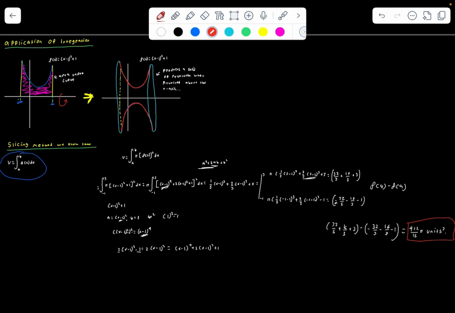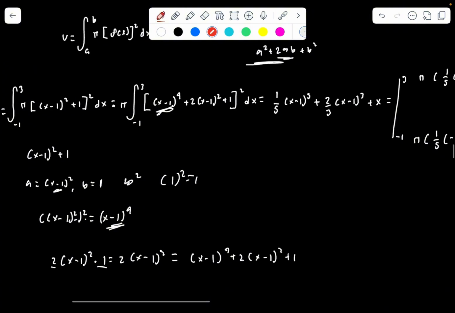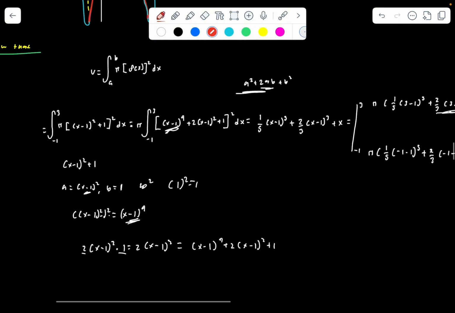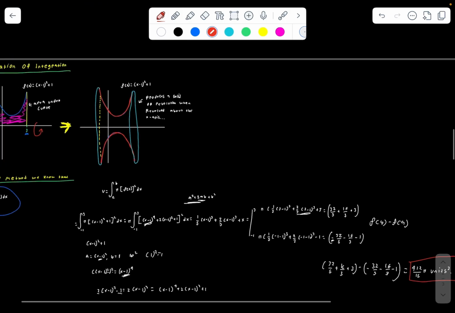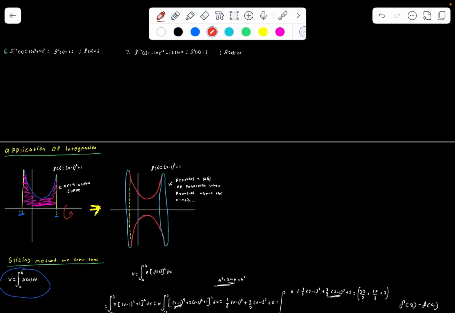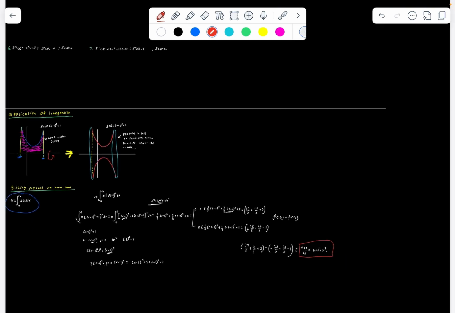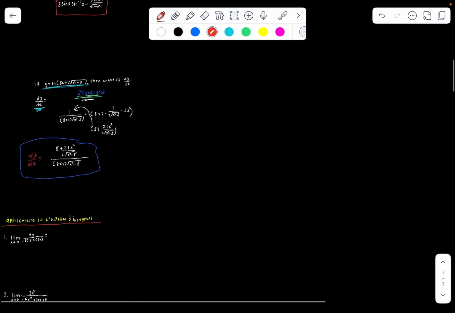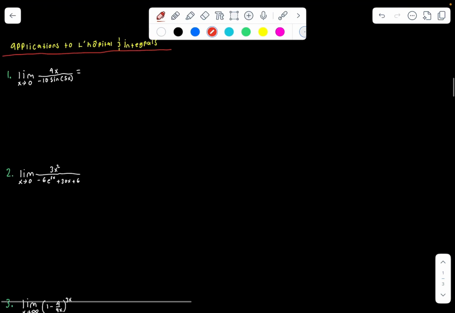But if you need to go over any basics, for example factoring, like what we did here, where I explained all this right here using a squared plus 2ab plus b squared, I can go ahead and do that, just kind of like algebra, so you can be more proficient in what you're doing. Next video, I do want to talk about, I believe, L'Hopital's rule and integrals, just technical L'Hopitals and integrals.